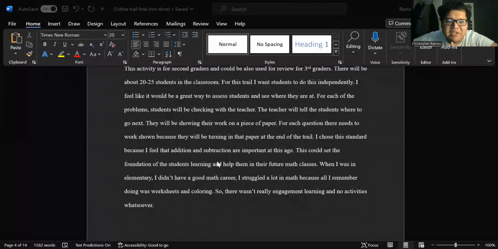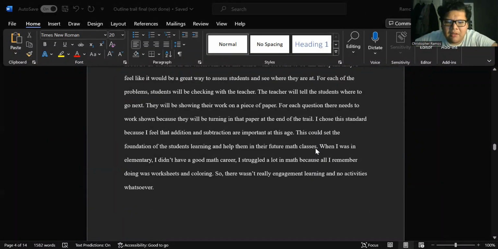This could set the foundation of the students' learning and help them in their future math classes. And I say that with confidence because this is something that I want to teach my students. I try to do a lot of activities as much as I can because at least when I was in elementary, I didn't have that. All I remember was just worksheets and coloring pages.